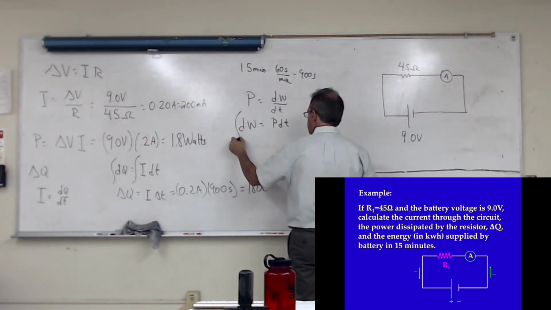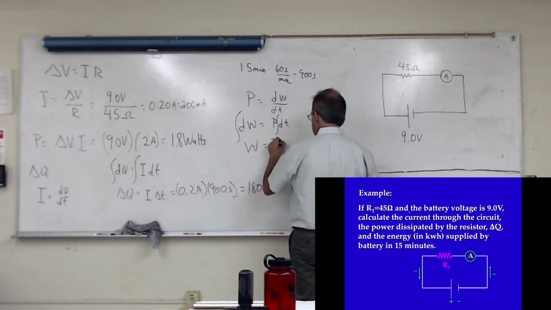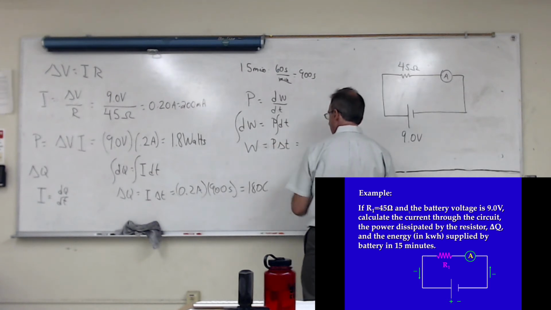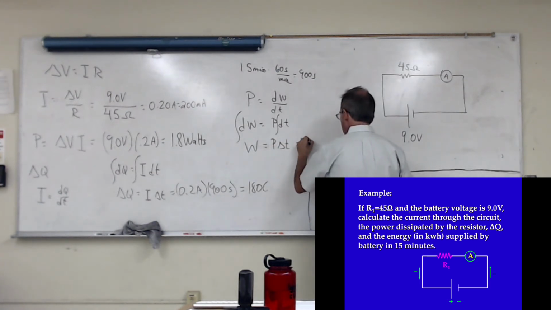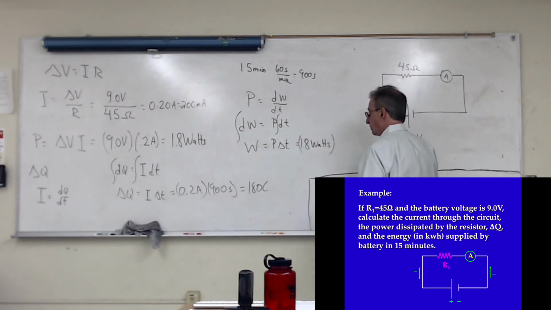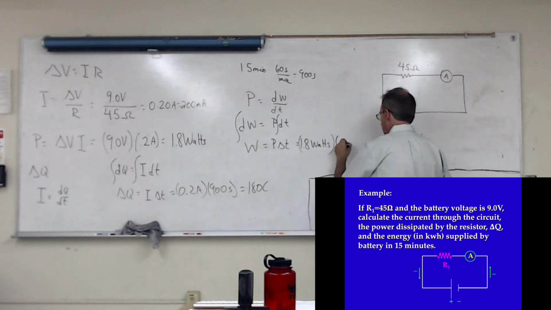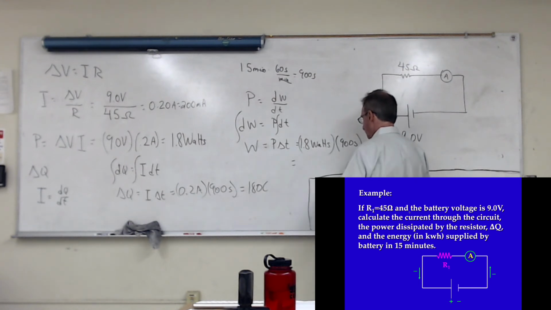If I integrate both sides, I get the work done by the battery, which is the energy delivered by the battery, is P times delta T. The power is 1.8 watts times 900 seconds. And let's see how many joules this is first. This is 1,620 joules.